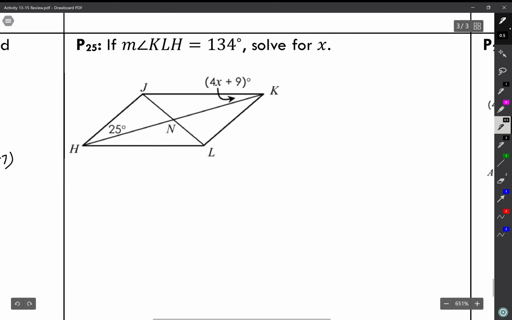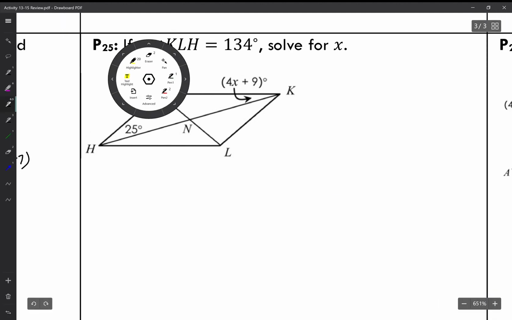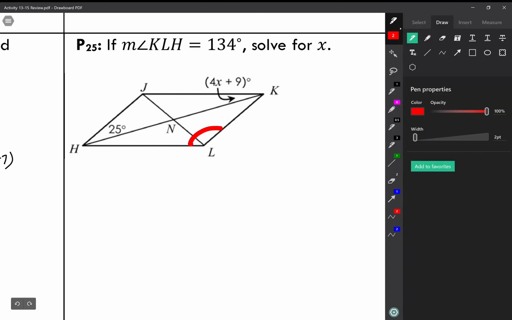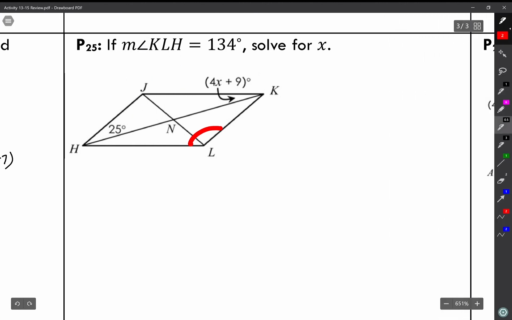Next, I have another parallelogram here. Find the measure of KLH, which is 134. So this whole thing right here, let me do that in another color, is equal to 134.